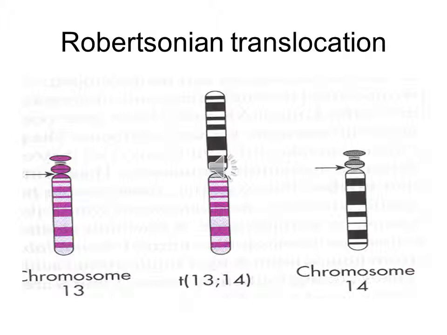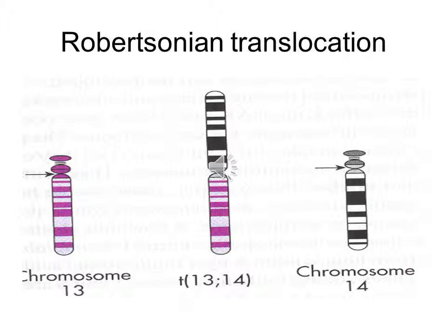When a Robertsonian translocation takes place, the short arms are usually lost during subsequent cell divisions. Since the carriers lose no important genetic material, they are normal, although they only have 45 chromosomes in each cell. So they do fine. The problems arise for their offspring.